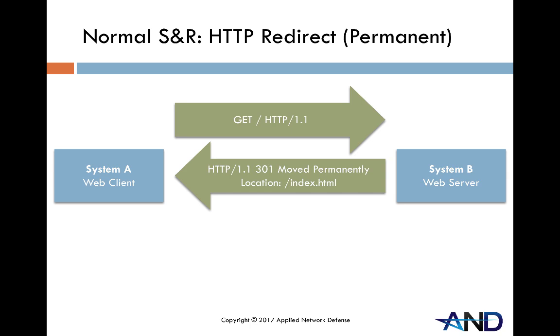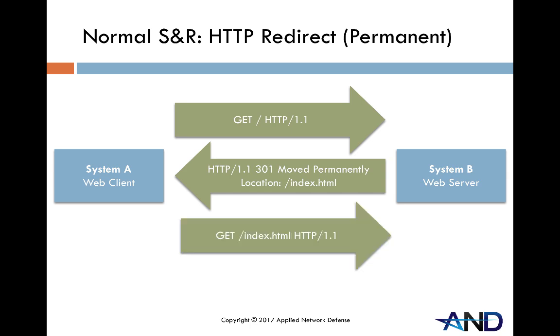Remember, when we talked about response headers, we talked about the location field and how it was used in relation to redirections, and this is where that manifests. So the web client, in that case the browser, will receive that 301 code and automatically generate a new request for whatever is in that location field. So you see now it's going to make a request for index.html, which is what was included in the location field of the moved permanently response.